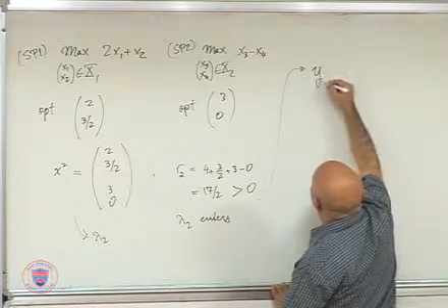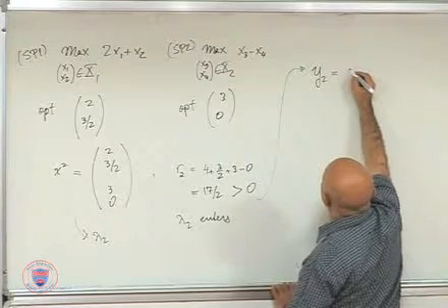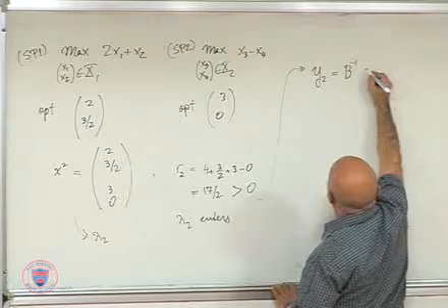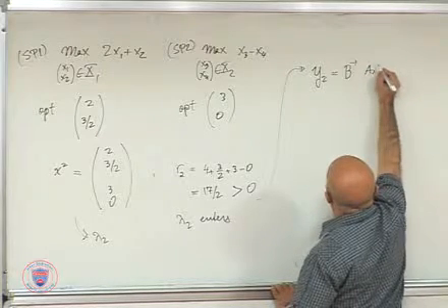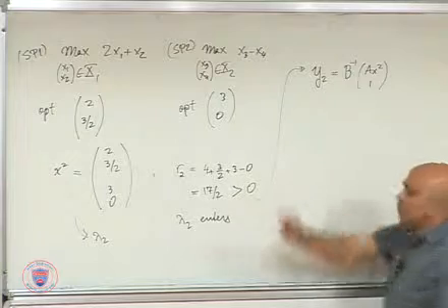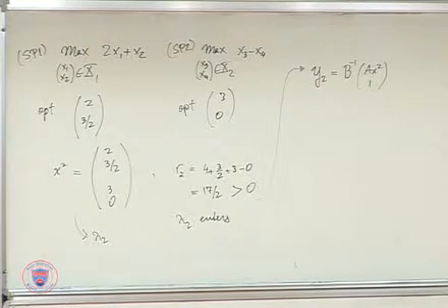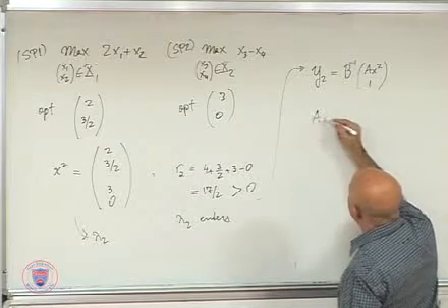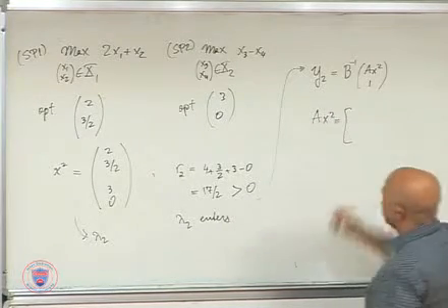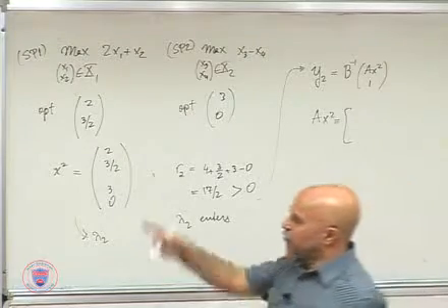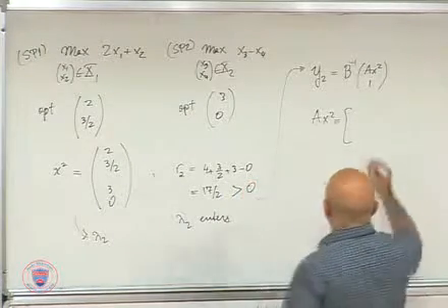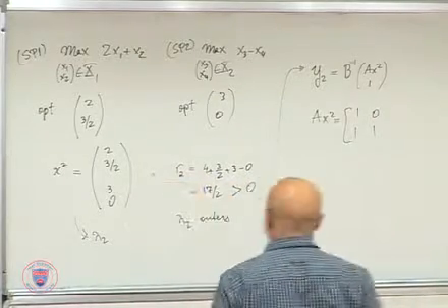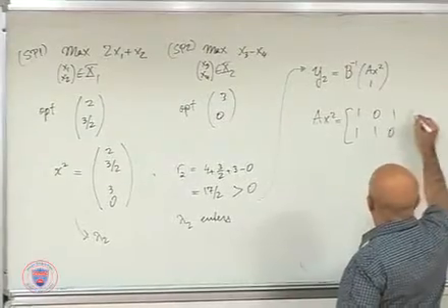Now I need to compute y2, which is going to be B inverse times AX2, that's the column. What is AX2? Let's first compute that. A is what you see there, 1101, 1002.